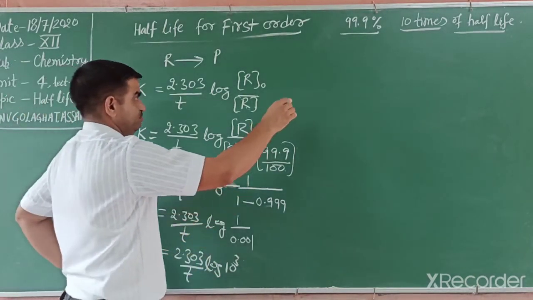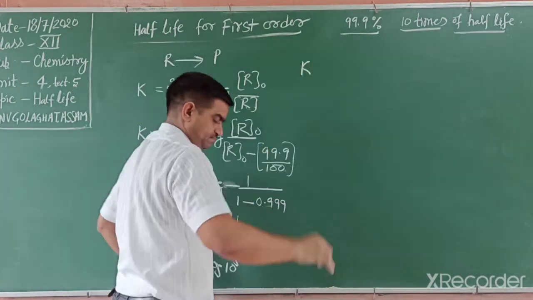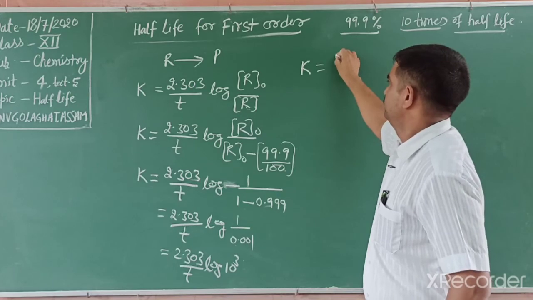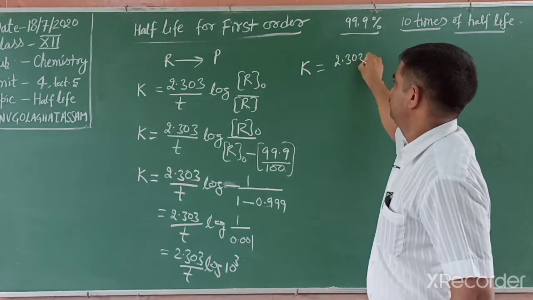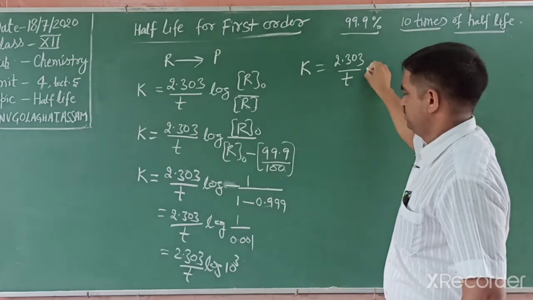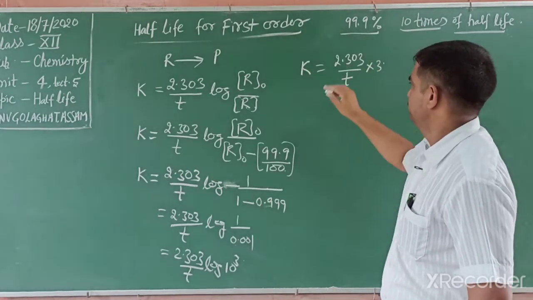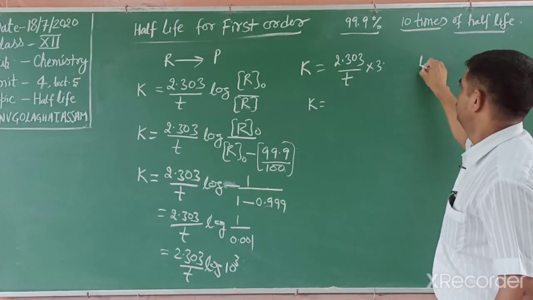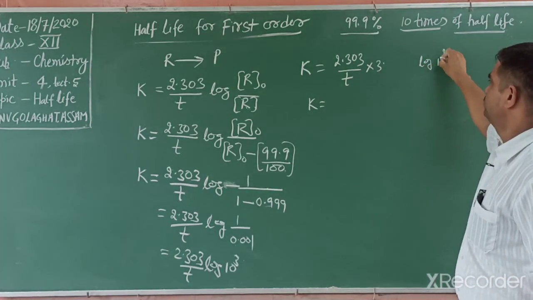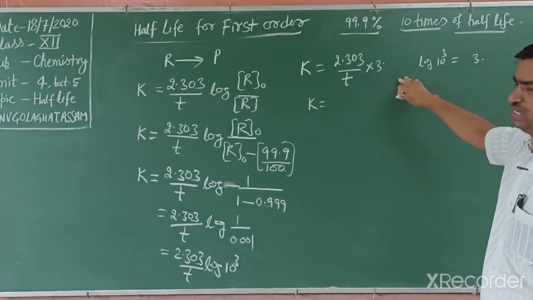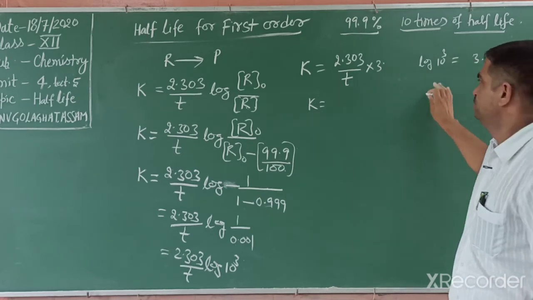So K is equal to 2.303 by T into 3, because log 10 to the power 3 is equal to 3 log 10, and log 10 value is 1.